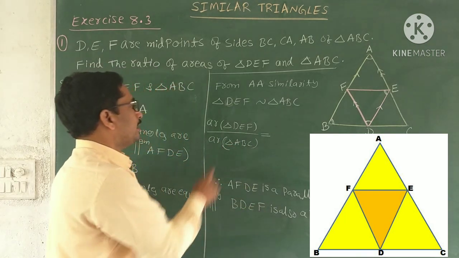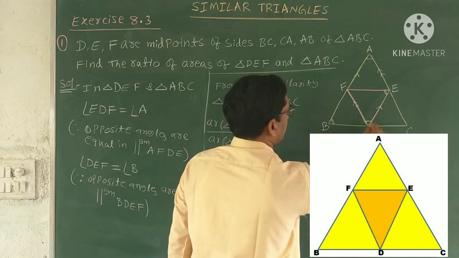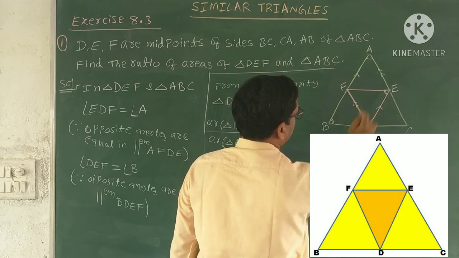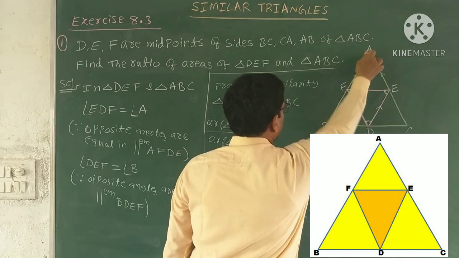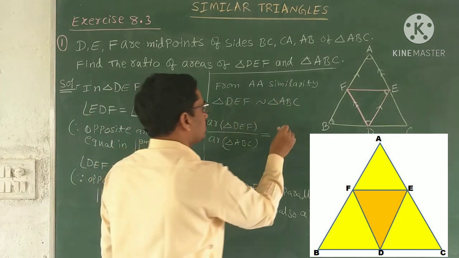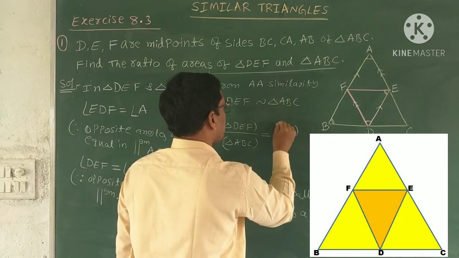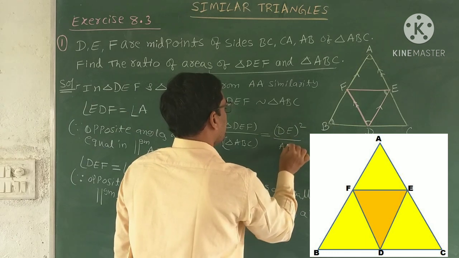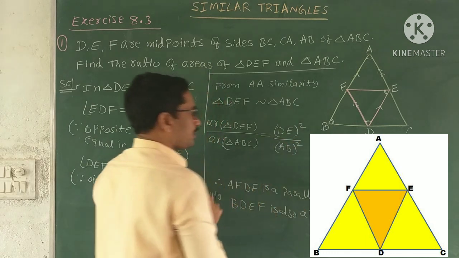In triangle DEF, the side DE has corresponding side AB. So DE square by AB square.